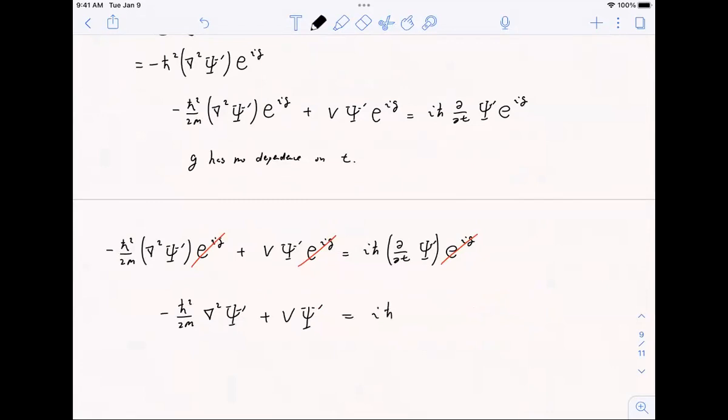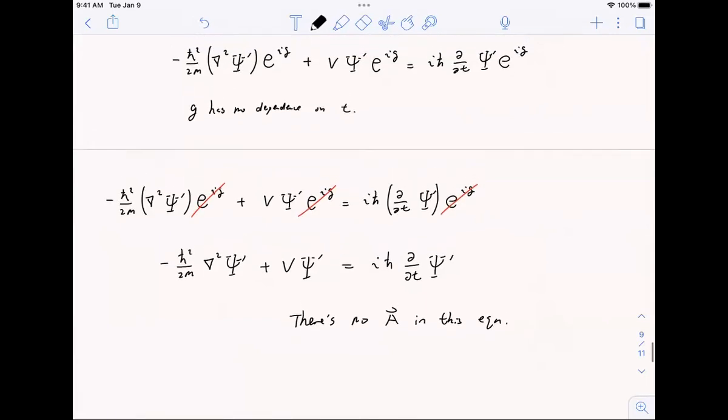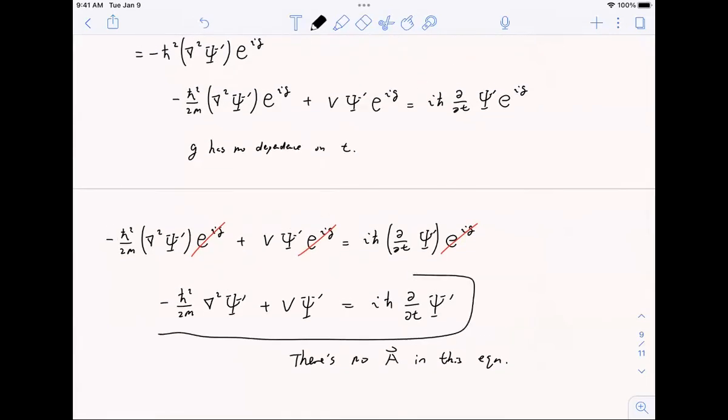And in this equation, the good thing is that there's no magnetic potential anymore. So that means if you solve the Schrodinger equation in a region without the magnetic field, all you need to do is to solve a Schrodinger equation with no magnetic potential.